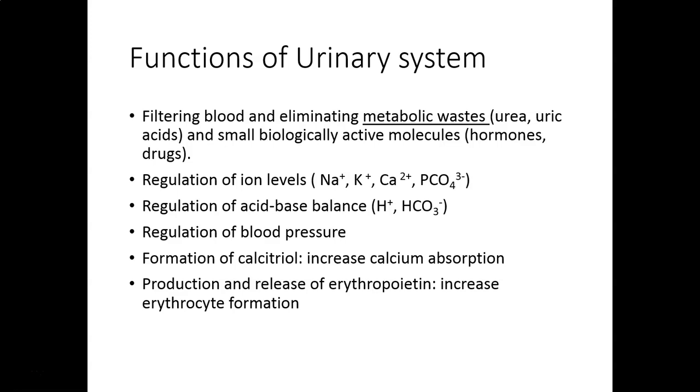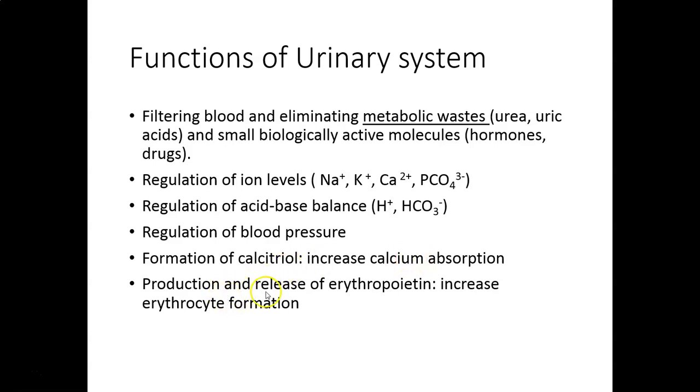So we call it the renin-angiotensin 2 system. And renin is secreted by kidney. The urinary system is also involved in the formation of calcitriol, a hormone that increases calcium absorption.